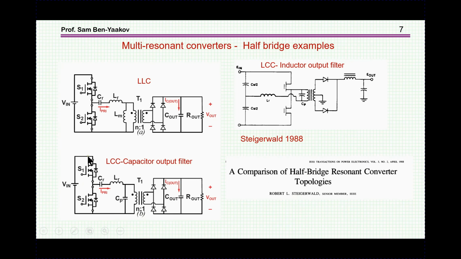Here we have a number of configurations that I'm showing in relation to the output section. We have here an LLC, two inductors and a C. The output is connected in parallel to one of the inductors, L sub M. Then we have a rectifier, then we have a capacitor.